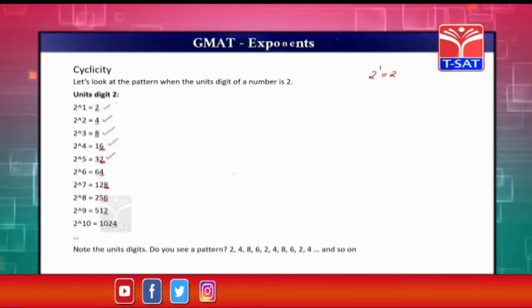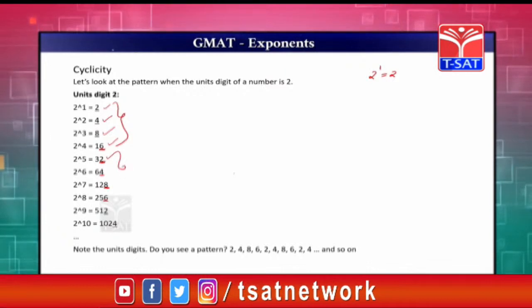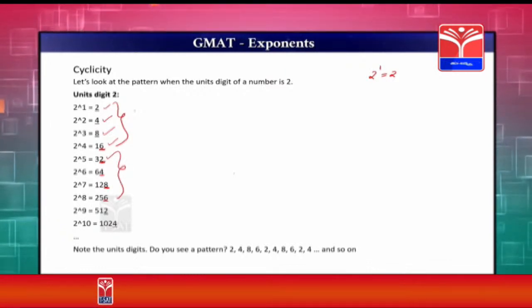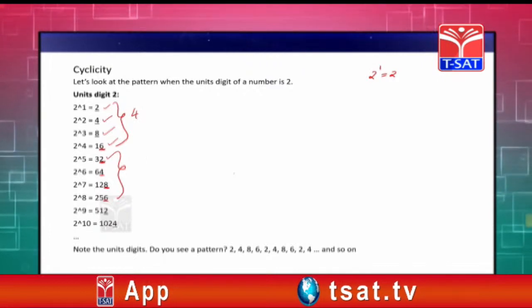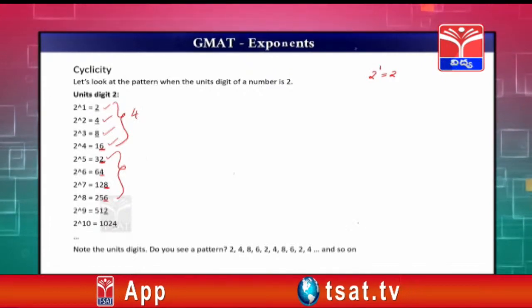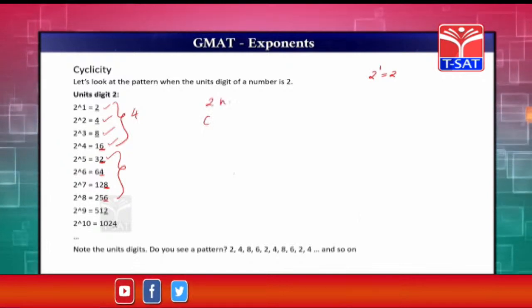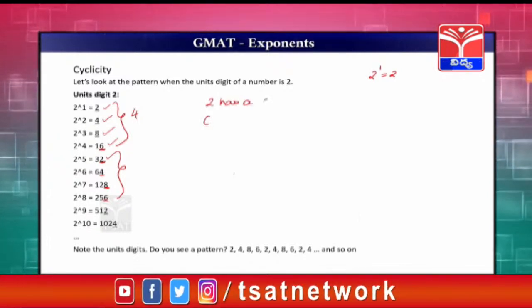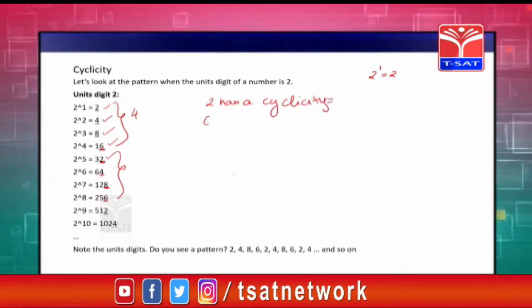So look at the pattern here: 2, 4, 8, 6. This pattern repeats itself after every 4 counts in the power. So we call that a cyclicity. 2 has a cyclicity of 4.